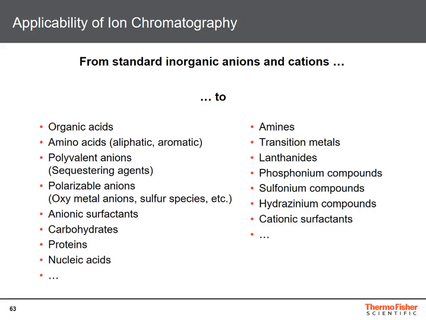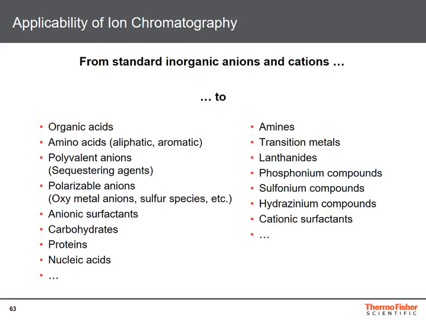This slide gives you just a few examples of anionic species, shown on the left side of this slide. On the top, the huge area of organic acid analysis, amino acid analysis, polyvalent anions being components of a lot of consumer products today, the huge area of polarizable ions with large radii, anionic surfactants, and in the life science area, the separation of carbohydrates, proteins, and oligonucleotides.